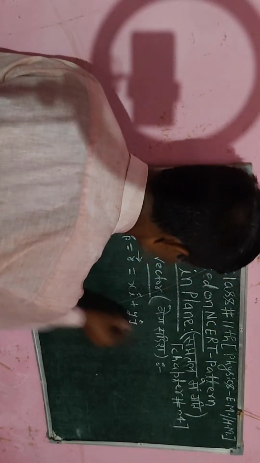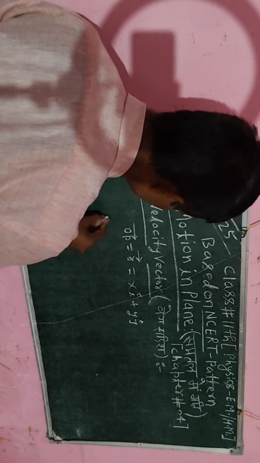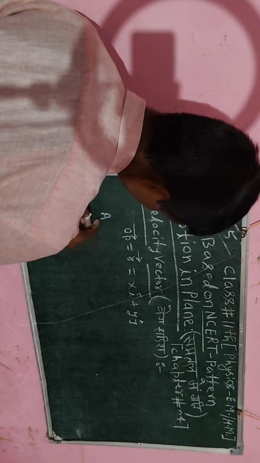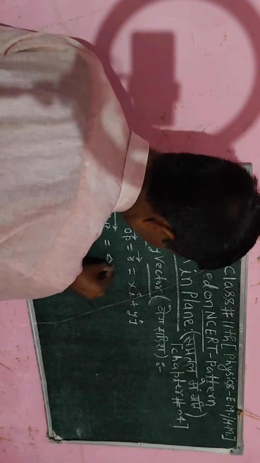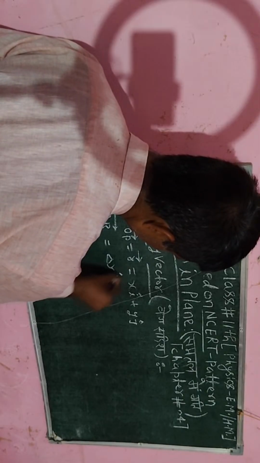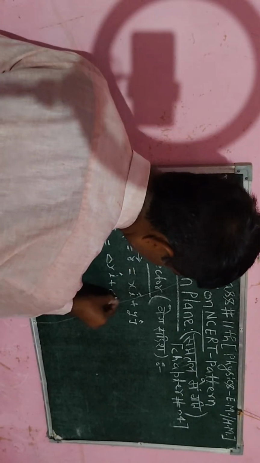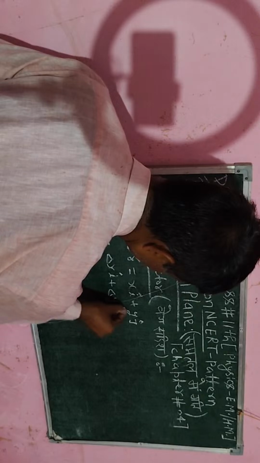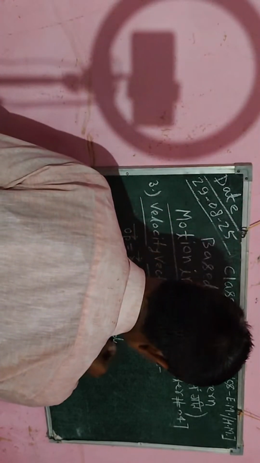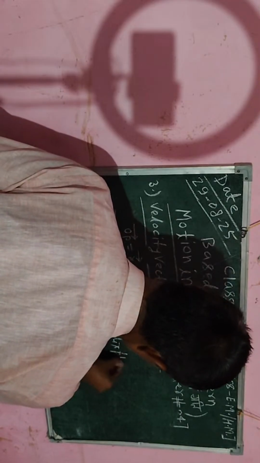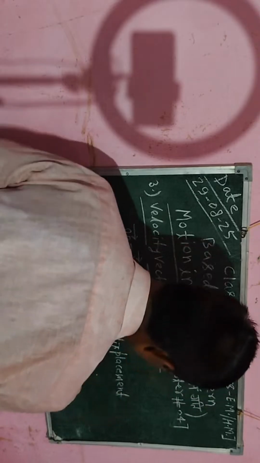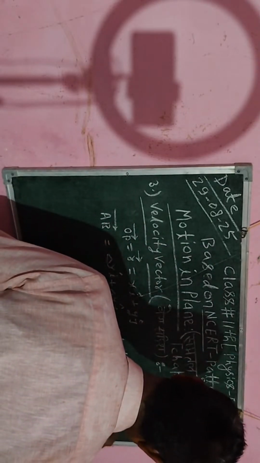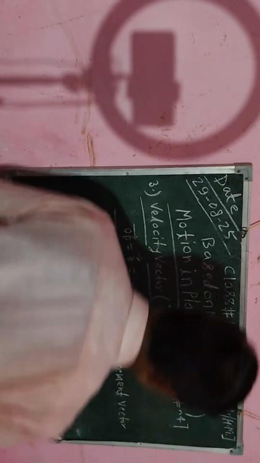This is the position vector, but we have to get the displacement vector, vector AB, which is equal to delta x vector i cap plus delta y vector j cap. So this is the displacement vector.